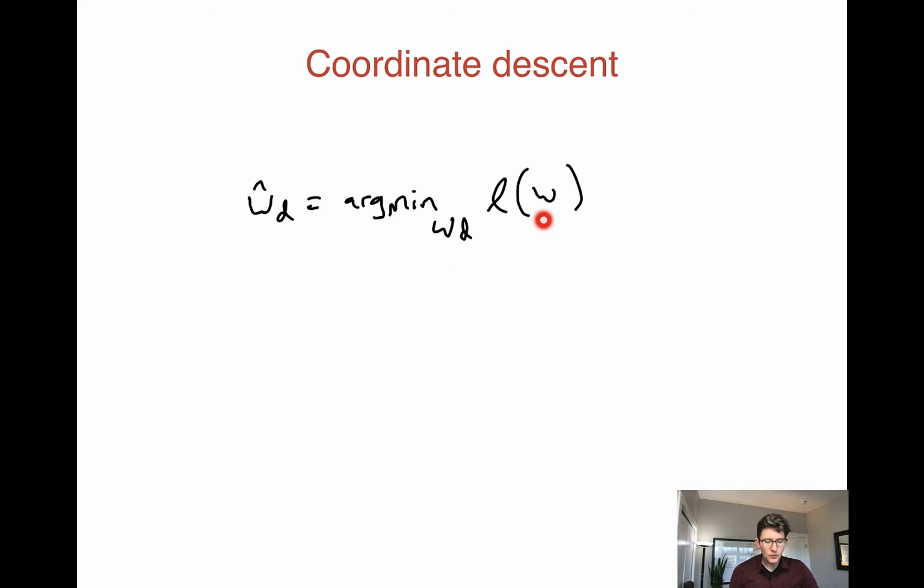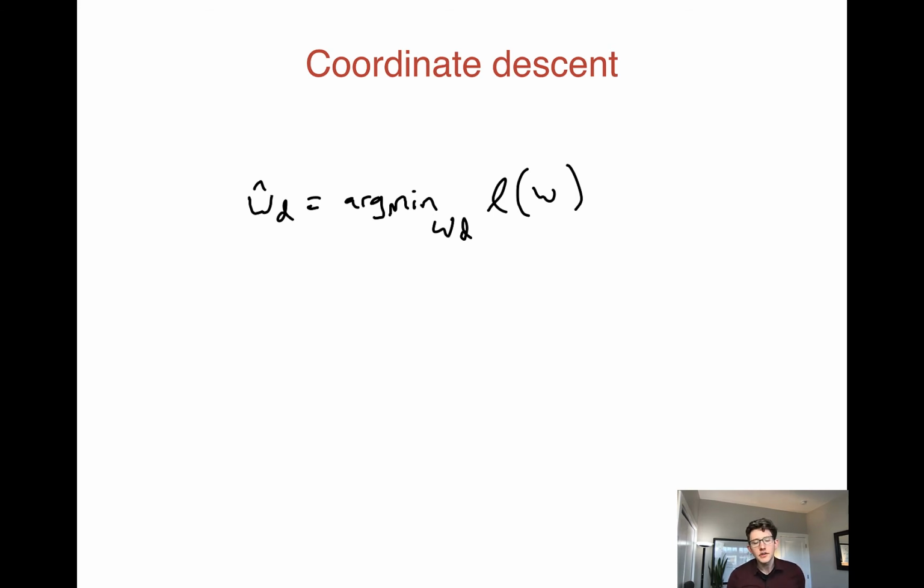So in the case where our loss is a function of a full weight vector W, at each coordinate descent update step, we're going to set WD equal to the argmin in just WD. So that is, we're going to leave all the other parameters fixed and find the minimum just with respect to WD.